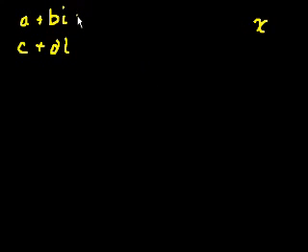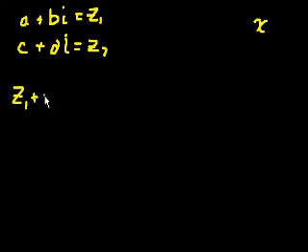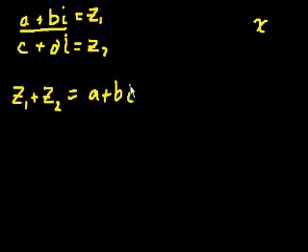So for example, we could call this the complex number z1, and this could be z2. This choice of z is arbitrary. So what is the complex number z1 plus z2? Well, that equals a plus bi plus, this is z2 right here, c plus di.